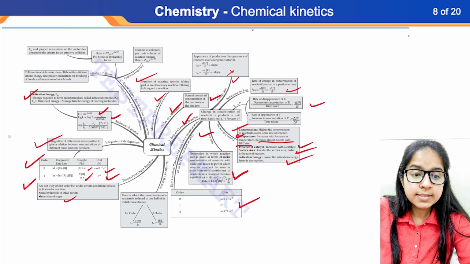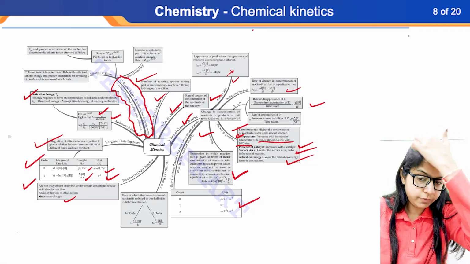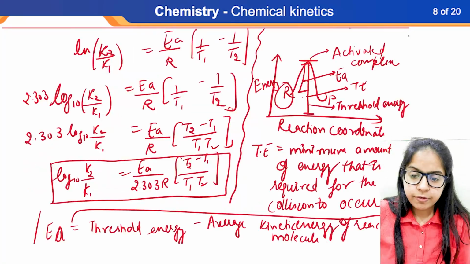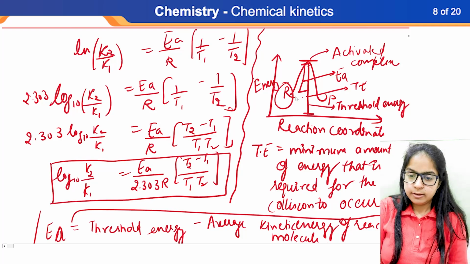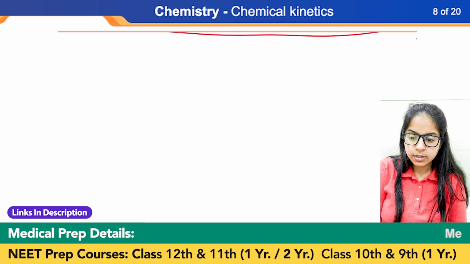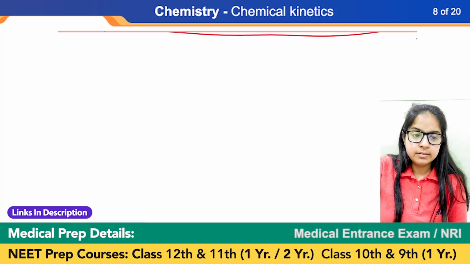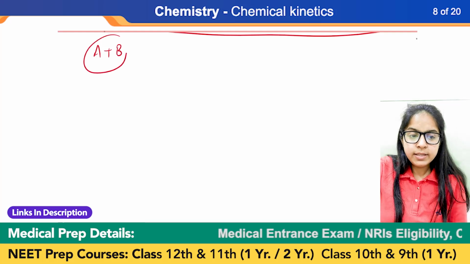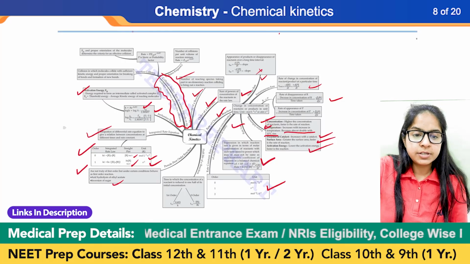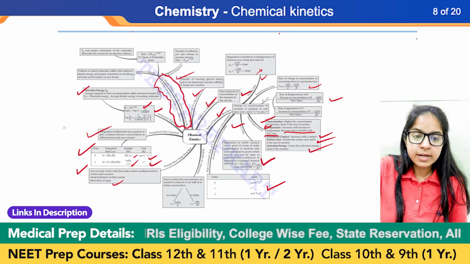Now, what is collision theory? The rate of reaction depends upon the collision frequency and the effective collision. If we want the reaction to occur, then at least some molecules need to collide with each other, so there must be collision frequency, the number of collisions per unit volume of reaction mixture.